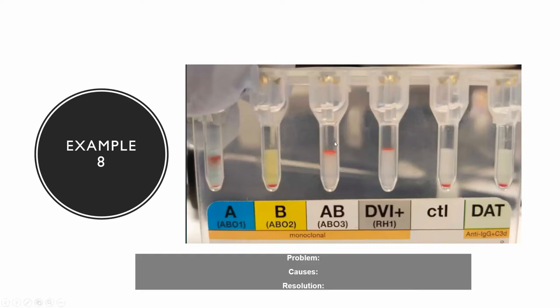But since the AB is positive, one thing you want to look at is where the most cells are. So not very many negative cells. Because you don't have the reverse here, that's not helping you. The reverse would tell you what's going on. But what I would think is this is an A person that was transfused 1 unit of O negative cells during a need for uncrossmatched blood.